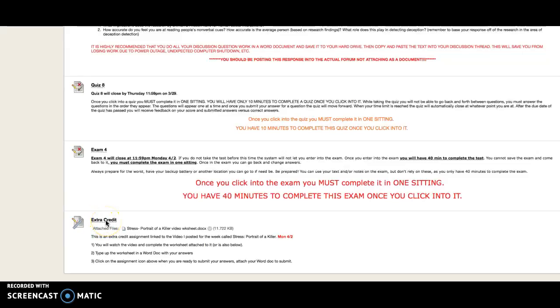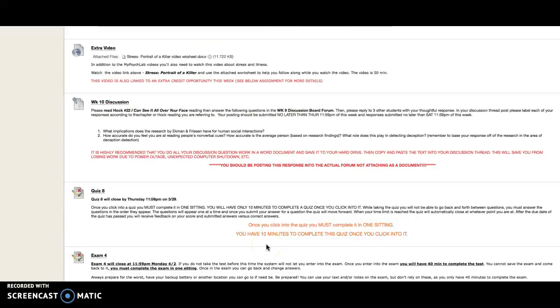Do not try to cut and paste your answers into the assignment. It comes out funny, and I won't be able to read it completely. So make sure that you click on the assignment icon, and when you're ready to submit your answers, you're just going to go ahead and attach your Word document. This is the one time I will allow you to attach a Word document, since typically we don't do that in the discussion posts. So that is a little bit on the extra credit video.